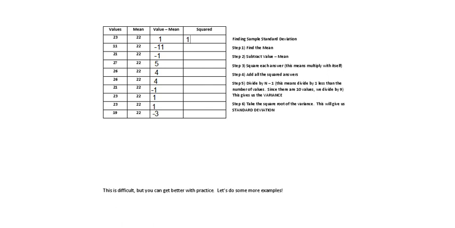And 1 times 1 equals 1. Next, I'd like to do negative 11 times negative 11, which is 121. Next, I would like to do negative 1 times negative 1, which is positive 1.